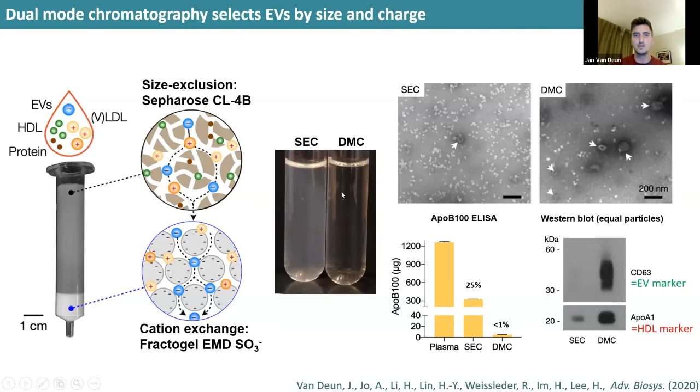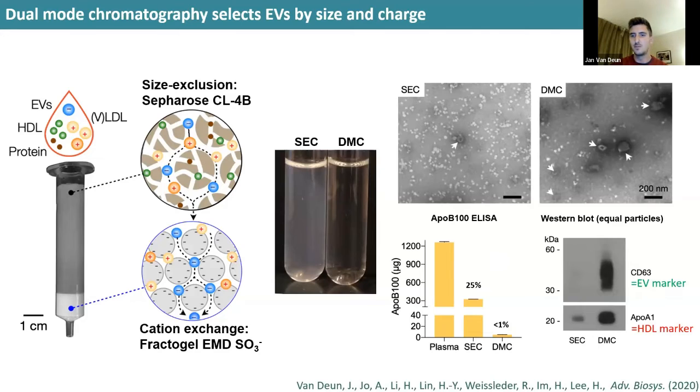So visually, you can really see, when you start off with, let's say, a quite lipemic plasma sample, that in the SEC you have a lot of these lipids, while in the DMC it's a lot less. Also in electron microscopy, all these white particles are lipids basically, so they're removed with the DMC, more at least than with the SEC. When you do the ApoB ELISA, you can see that DMC is able to deplete more than 99% of these ApoB containing lipoproteins.